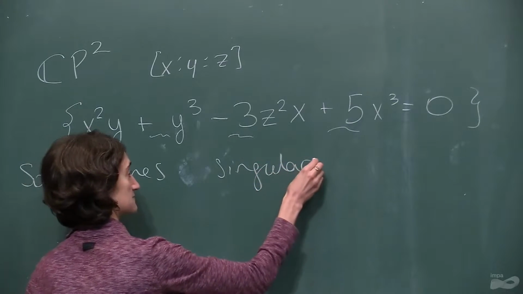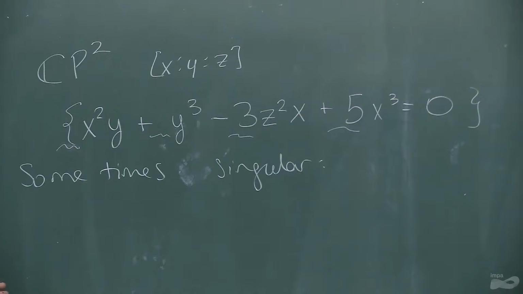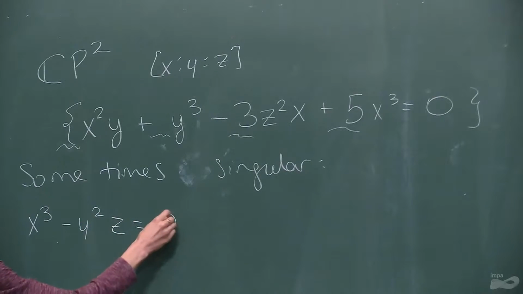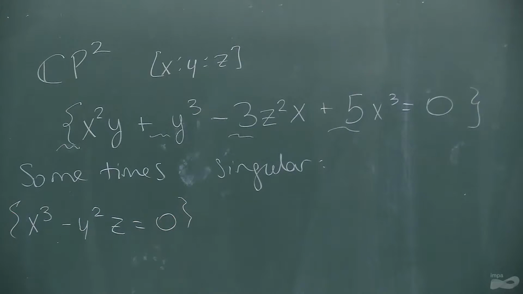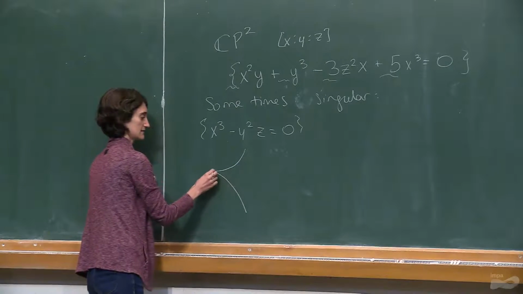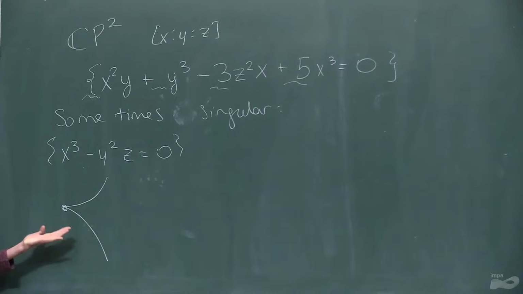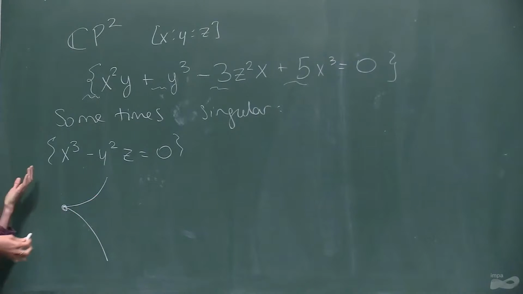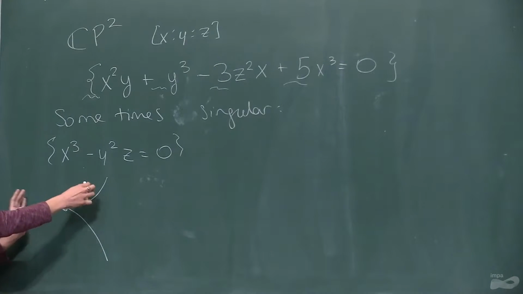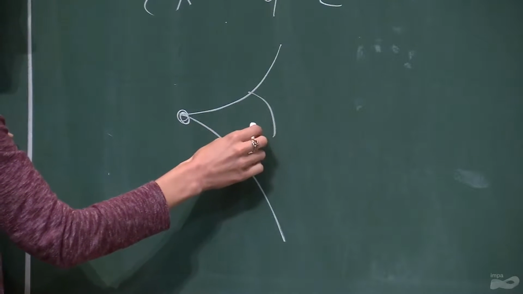So what kind of singularities can we have? Well, in this degree, we could have something like x cubed minus y squared z equals 0. This one has a singularity at xy equals 0. In the real picture, it looks like a cusp. But if we're working with complex numbers, this cusp is really a little trefoil knot.